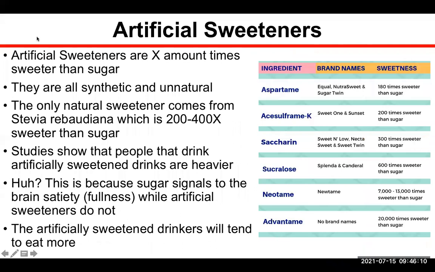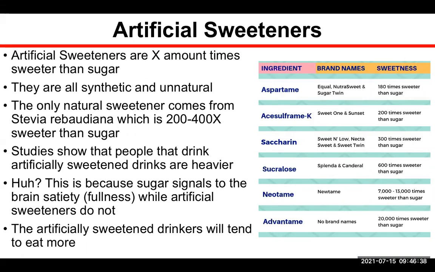I've talked about regular sugar, but we also have to talk about artificial sweeteners. So artificial sweeteners are going to be X amount of times sweeter than typical sugar. And here I have the example of some of the names of the type of fake sugar that exists and what brand name you can find them under, and the amount of times sweeter that our receptors register as being sweet.